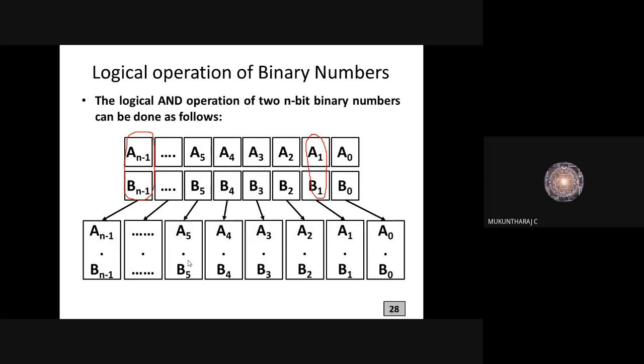The obtained result is also the same in length. The output of this operation will give n bits in length. If you are considering n-bit data on input A and input B, then the output is also n bits.